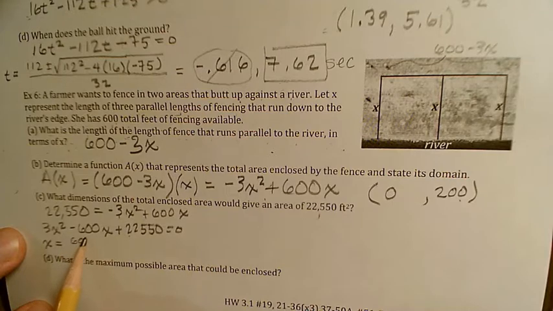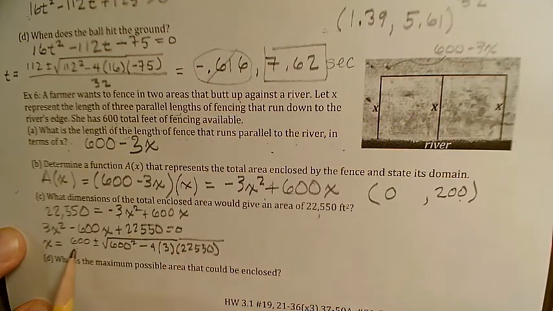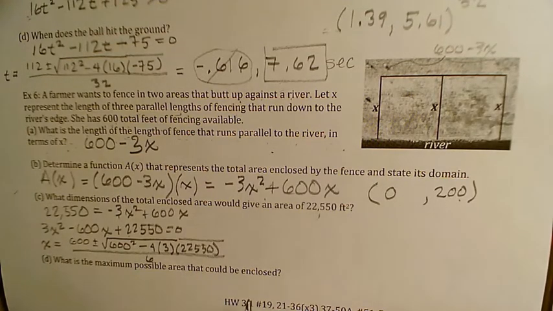So 600 plus or minus the square root of 600 squared minus 4 times 3 times 22,550, divide all of that by 6. And then you really just pick up a calculator and figure out what those values are.